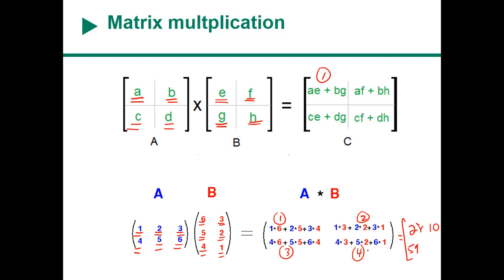And then our last one, 12 plus 10, 22 plus 6, 28. So that is your answer: 28, 10, 59, 28. It's just multiplying and adding a whole lot.